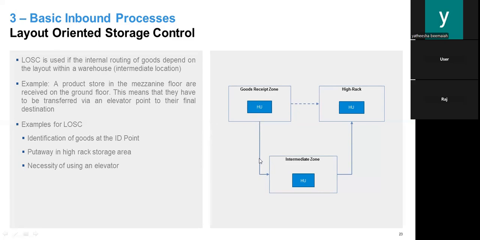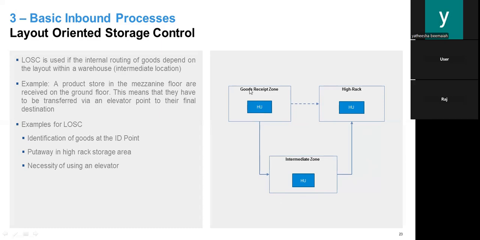From the GR zone, it goes to an intermediate zone, and then from there it moves to the high rack. For example, this intermediate zone is nothing but the identification point, ID point.